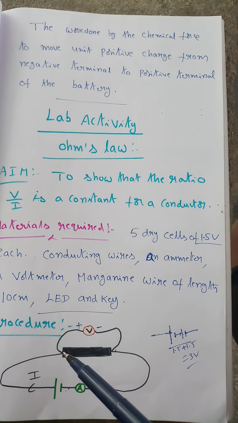Next, you take two cells connected in series in the circuit. See here, these are the two cells connected in series. To connect in series, we connect the negative terminal of one battery to the positive terminal of another battery.